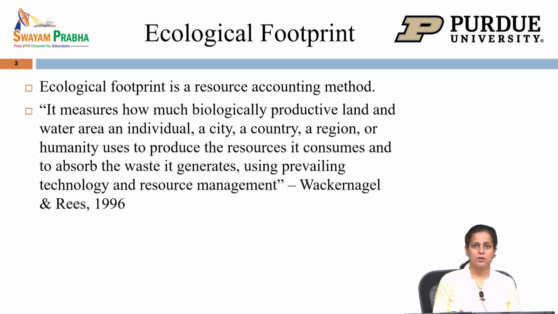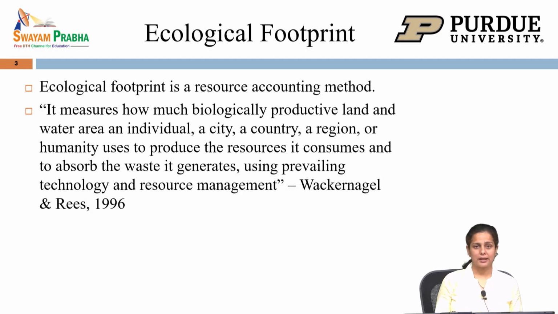So, in short, what that means is that if we are consuming products and if we are making processes that are making that product, then there is a requirement of land area that is required to provide the resources for those particular products. There is also an idea that when we are putting out emissions or waste in the atmosphere or ecosystems, we are consuming some land which could be available for biological productivity, but it gets lost because it is now used to take care of the waste that we have put out.